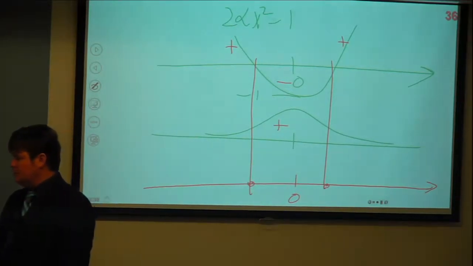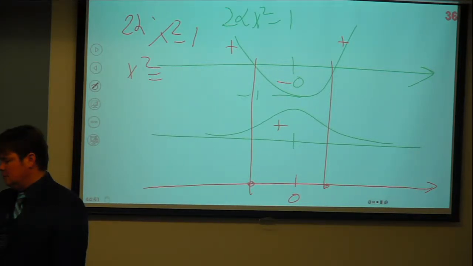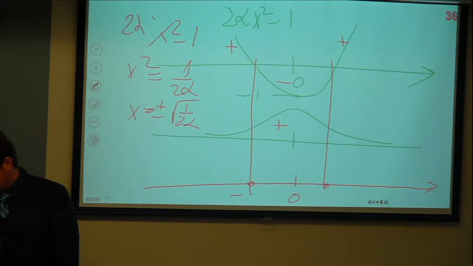We can quickly check it. 2 alpha x squared equals 1. X squared equals 1 divided by 2 alpha. X equals plus minus the square root of 1 over 2 alpha. So this is minus the square root of 1 over 2 alpha, and this is plus 1 over the square root of 2 alpha.